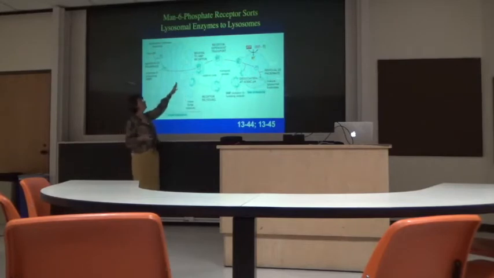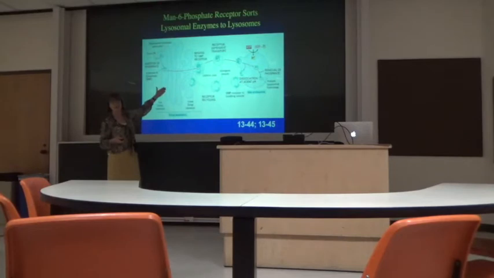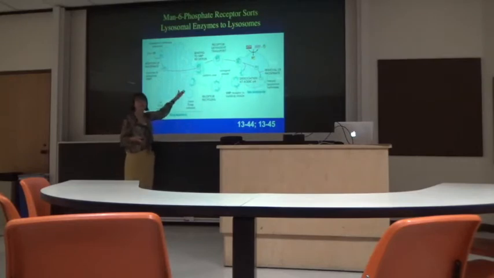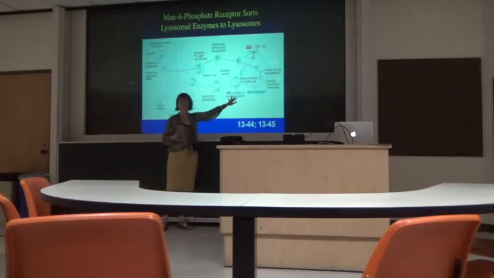The binding of the mannose-6-phosphate receptor to its ligand, mannose-6-phosphate, is really sensitive to pH. So it will bind in the slightly more neutral pH of the trans-Golgi network, but then will release in the more acidic pH of the late endosome pre-lysosomal compartment.